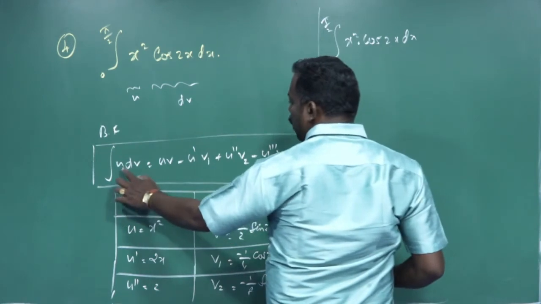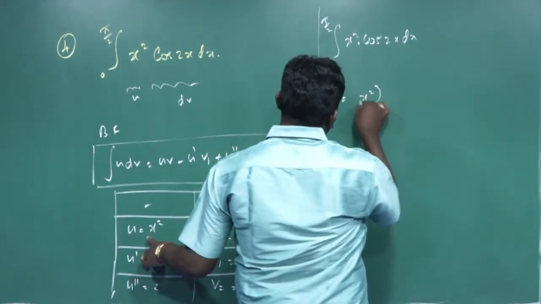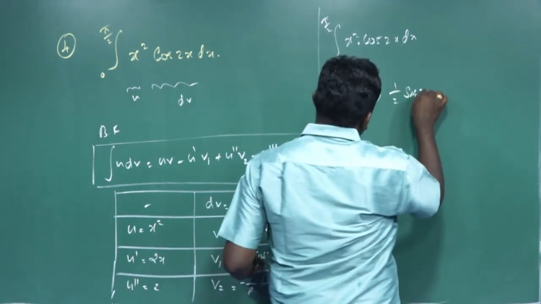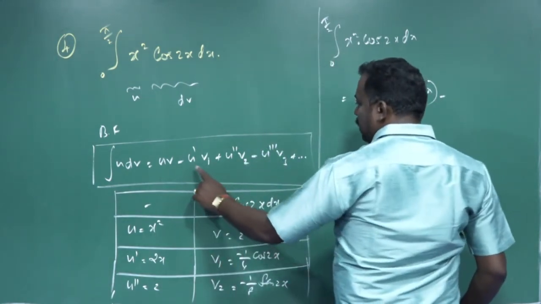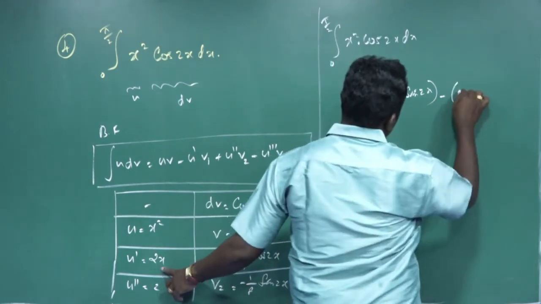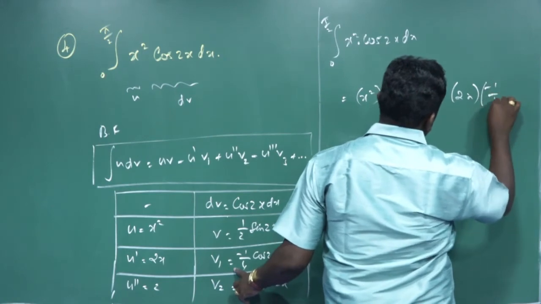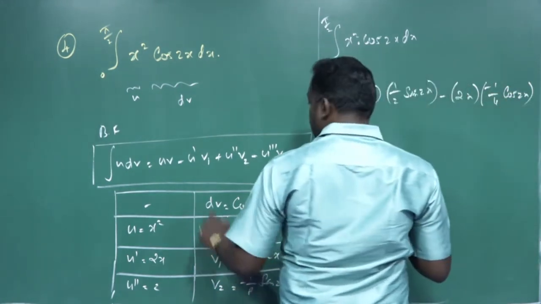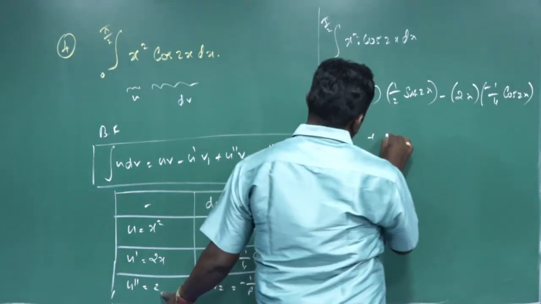Therefore, the integral of u dv equals u into v, where u equals x square, then v equals 1 by 2 into sin 2x. Then minus u dash into v1, where u dash equals 2x, then v1 equals minus 1 by 4 into cos 2x, then plus u double dash equals 2.